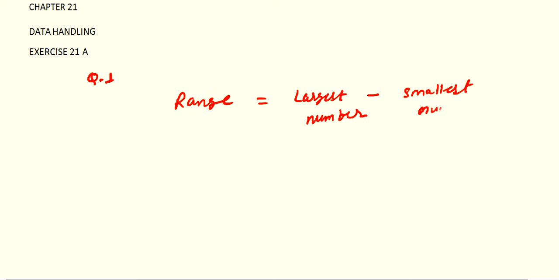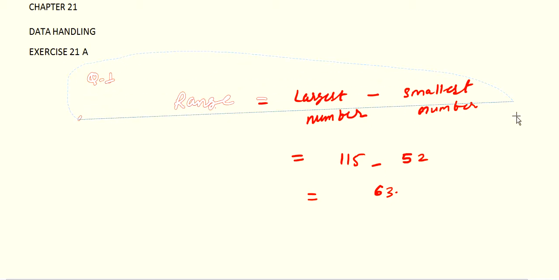So in the above data, as you can see, the largest number is 115, and the smallest number is 52. So 115 minus 52, 63. So your range is 63. Okay, so this is the solution of question number 1.